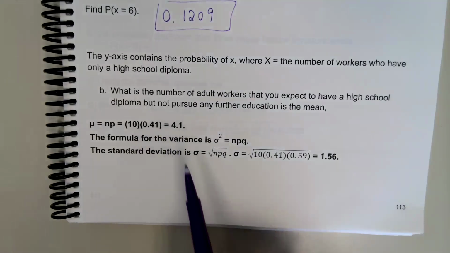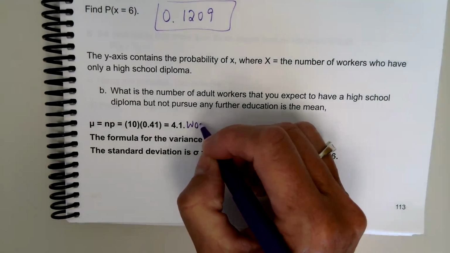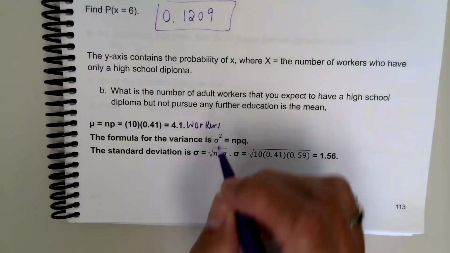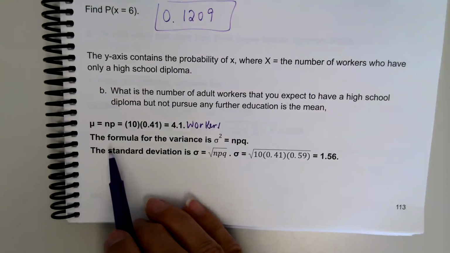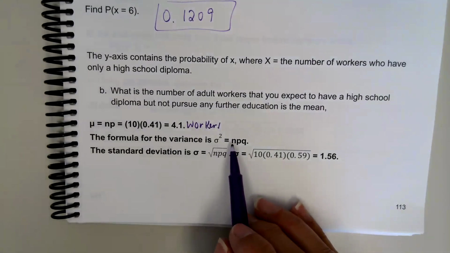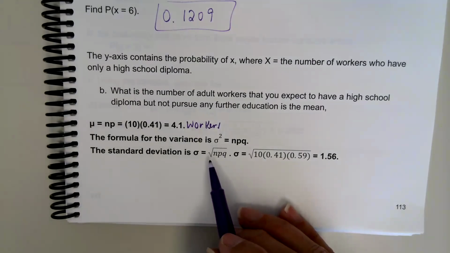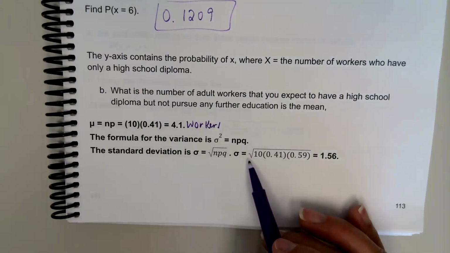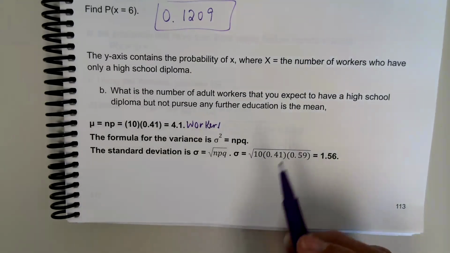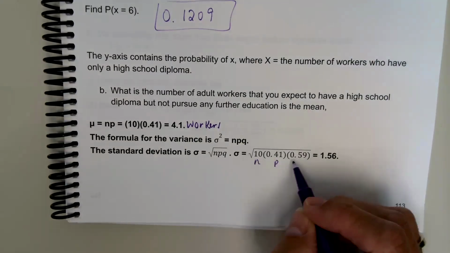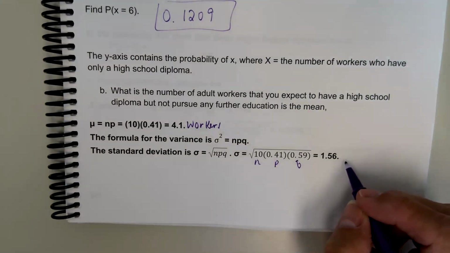So that is likely to be 4.1 workers on average. And the variance is the N times P times Q, and the standard deviation is the square root of that. So if we take the square root of N times P times Q, we get 1.56 workers.